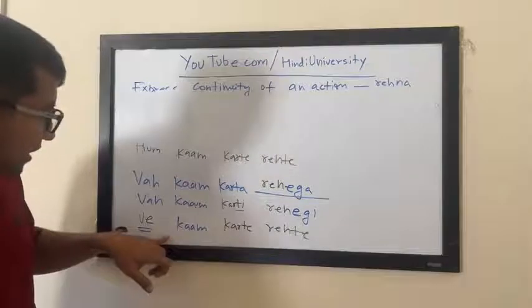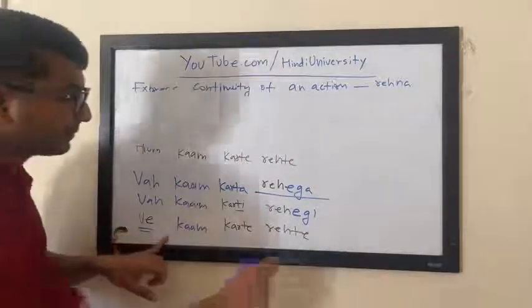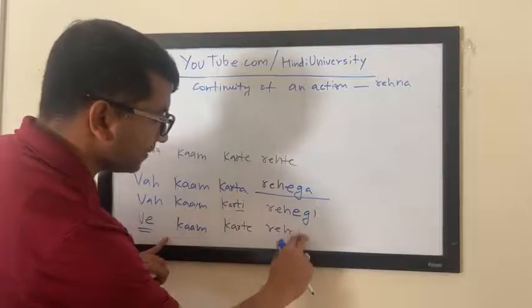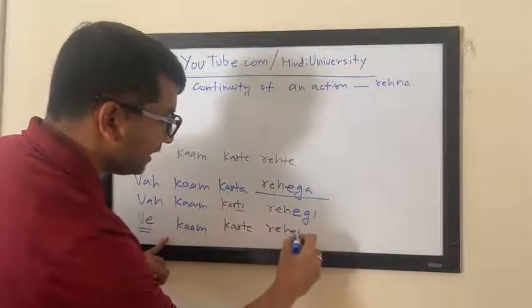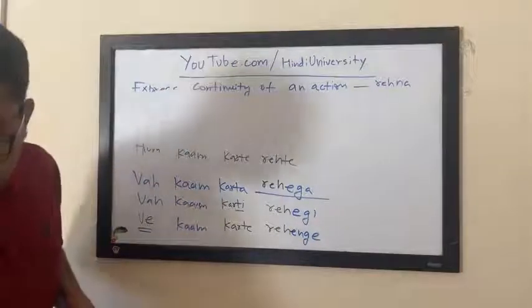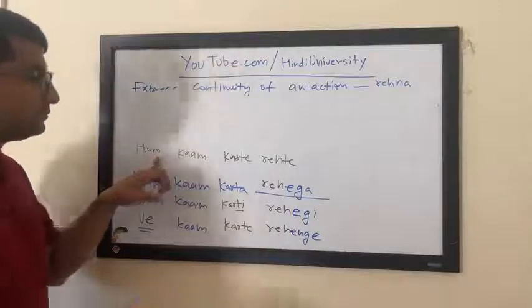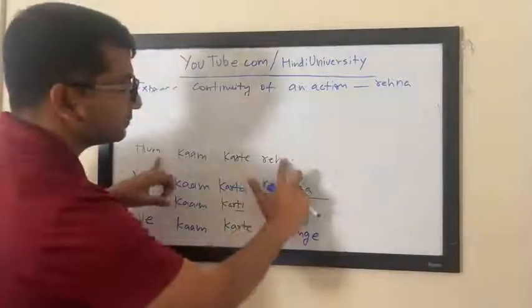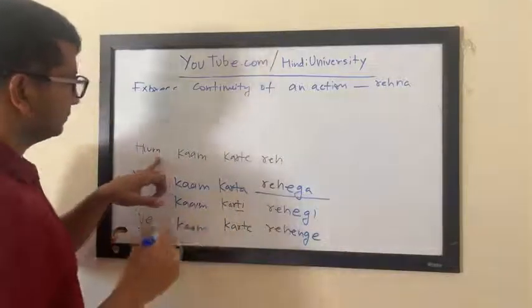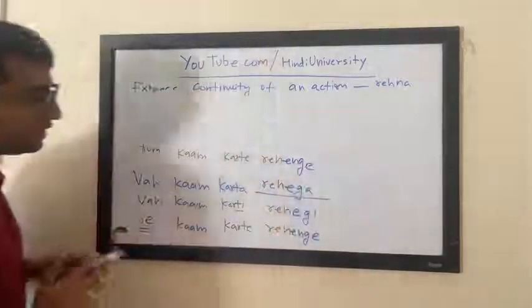Manohari ji, they will keep on working. वे काम करते रहेंगे. Rahenge. रहेंगे. Very good. Okay, and then last one, Sharmila ji, we will keep on working. हम काम करते रहेंगे. Awesome. हम काम करते रहेंगे.